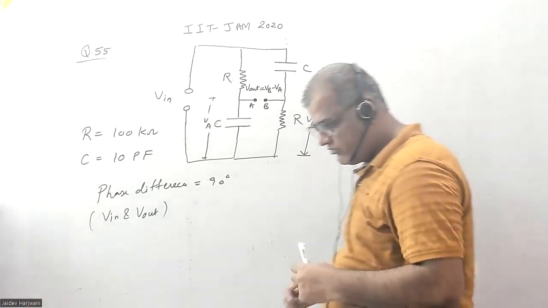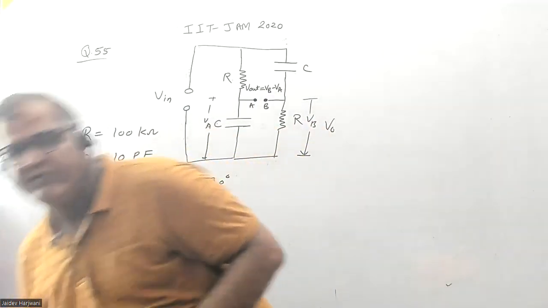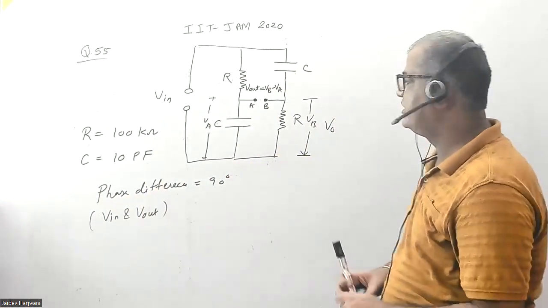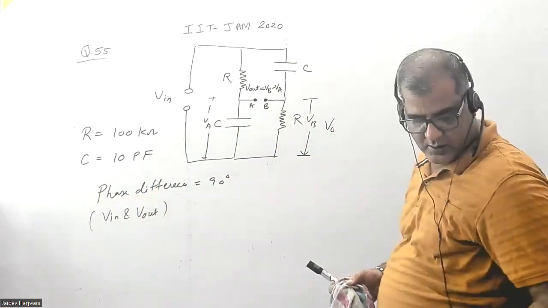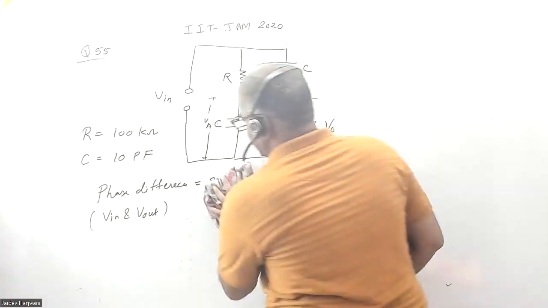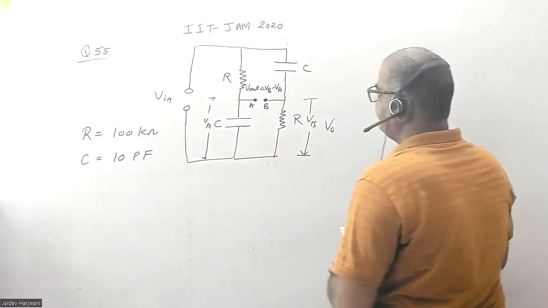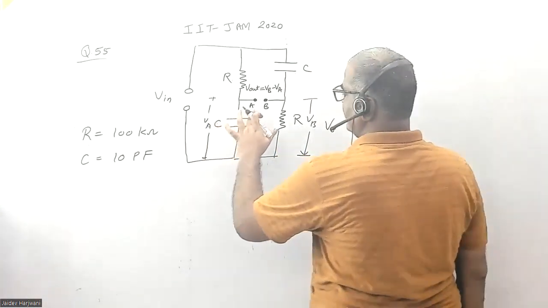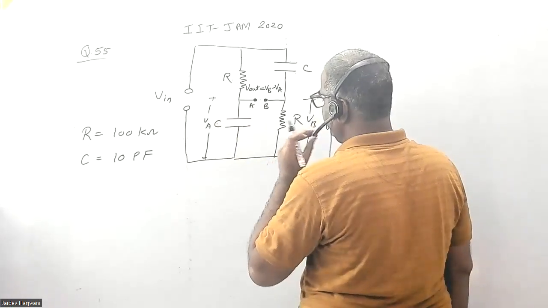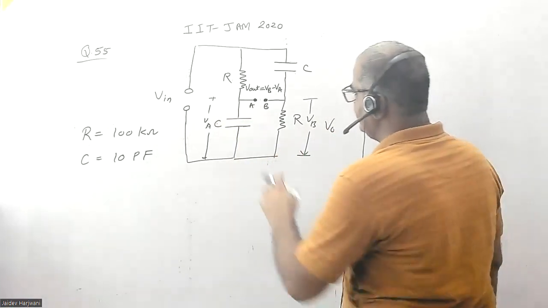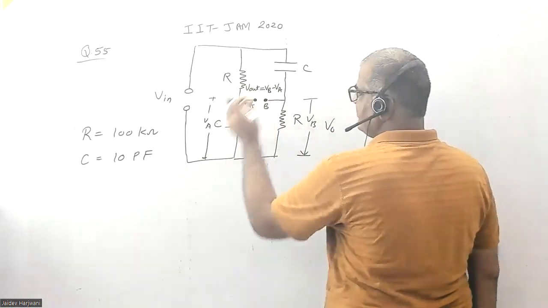So let us calculate the phase difference first between V output and V input for the given circuit. Say I want to find V output. V output is defined as VB minus VA.